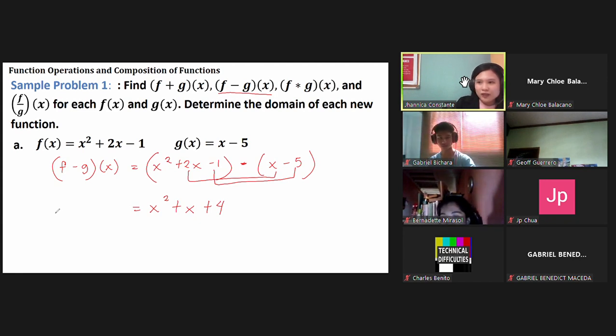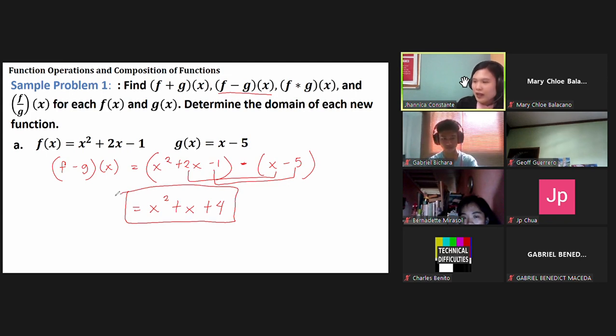So we have the difference between the two functions, f of x and g of x, which is x squared plus x plus 4. The domain that we're going to have from this function is negative infinity to positive infinity.